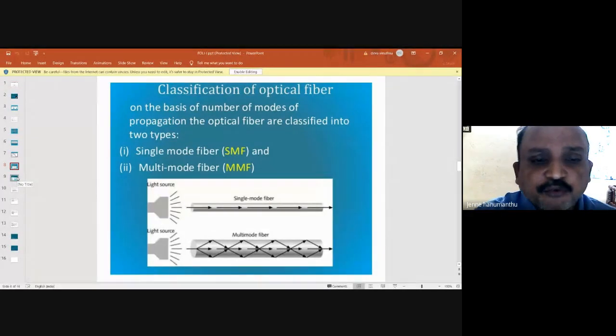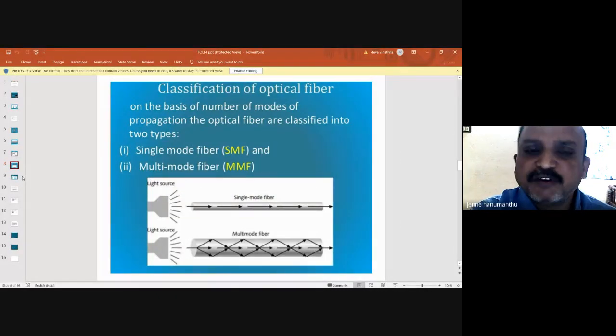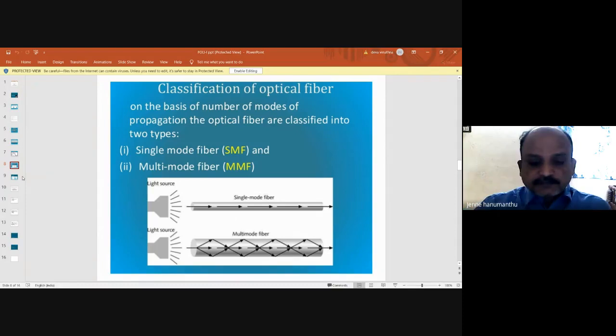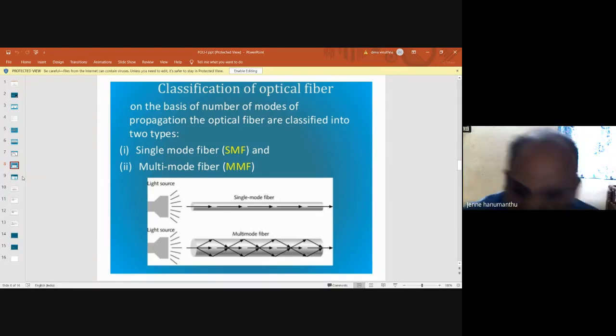And here we have other types of fibers. Broadly speaking, single mode and multimode fibers are two classes. But if you classify again, go to the next slide.